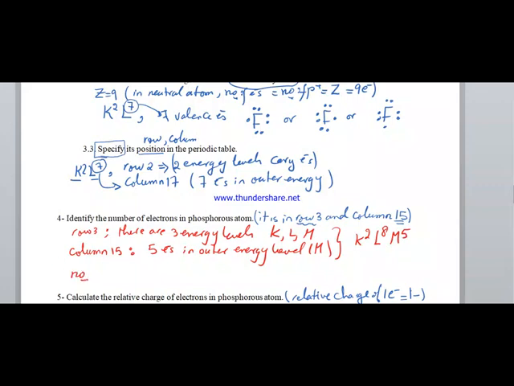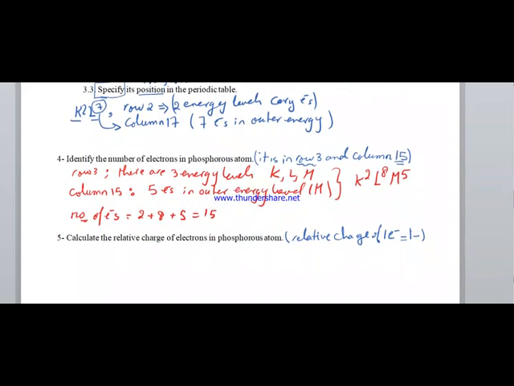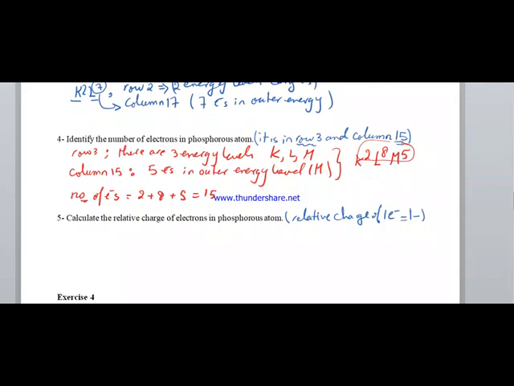The number of electrons in this element is equal to 2 plus 8 plus 5, which is equal to 15. We write the answer by specifying what we can determine from the value of the row, from the value of the column, and then we add the total number of electrons in the different energy levels. Calculate the relative charge of the electrons in the phosphorus atom. In the phosphorus atom, we have 15 electrons.